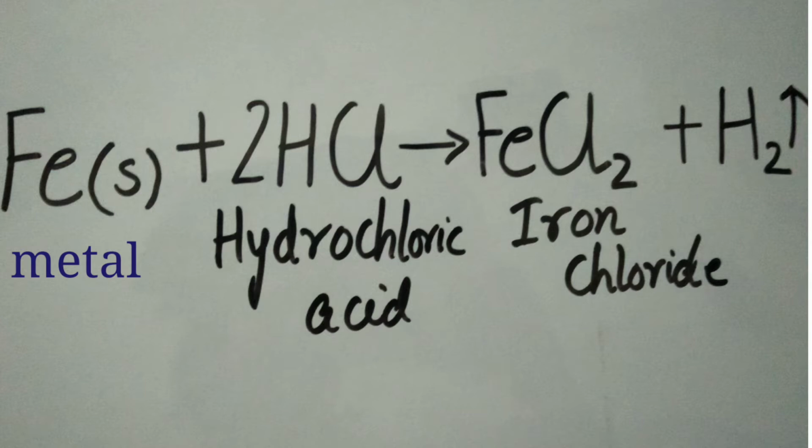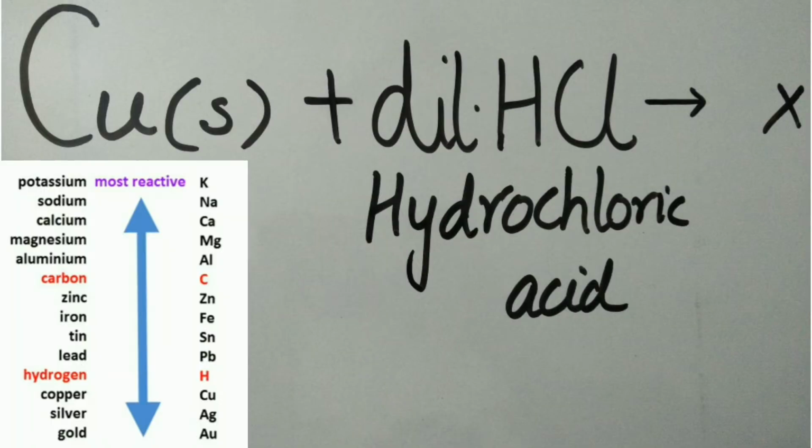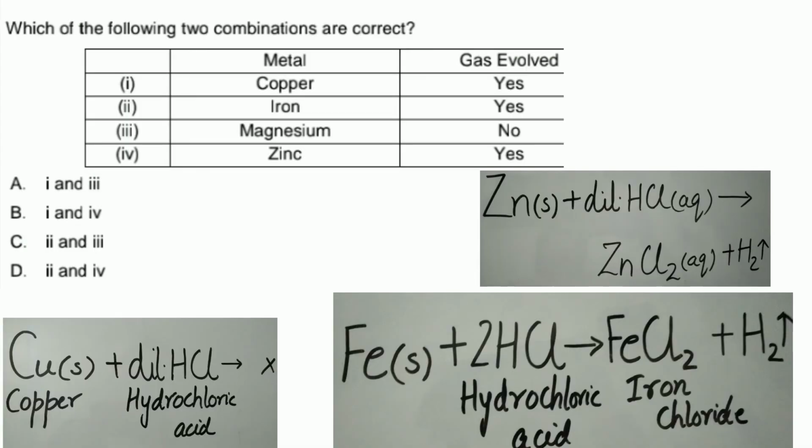When iron reacts with dilute hydrochloric acid, then iron chloride and hydrogen gas are produced, which means that when metal reacts with hydrochloric acid, then metal salt and gas are produced. Combination 1 is not possible because copper cannot react with dilute hydrochloric acid, as copper lies below hydrogen in the reactivity series. So combination 1 is not possible. Combination 2 and 4 are possible. So option D is correct.